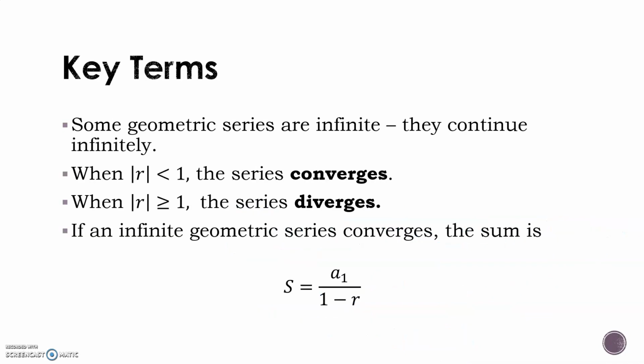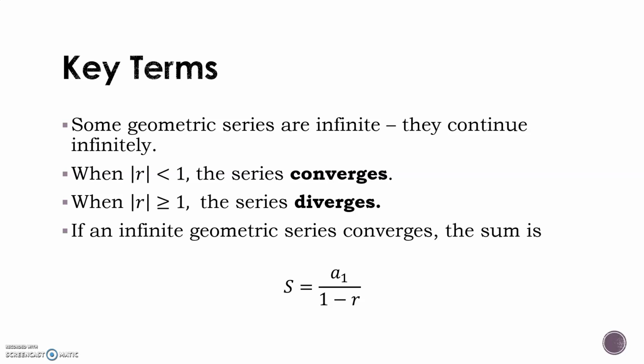All right. So here are some key terms. With arithmetic sequences and series, they just continue to grow. But with some geometric series, we can have infinite geometric series, and that means they continue forever and forever. They continue infinitely. So what we have to look at in this case is the ratio.